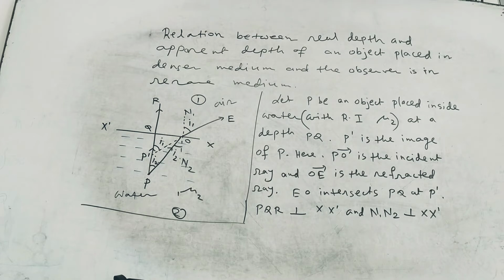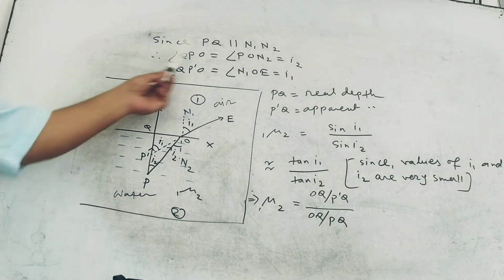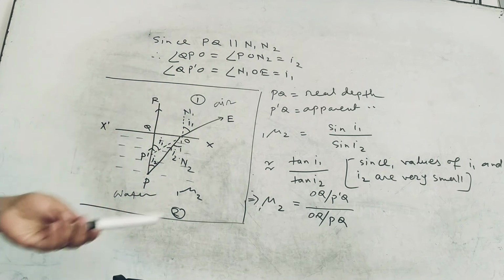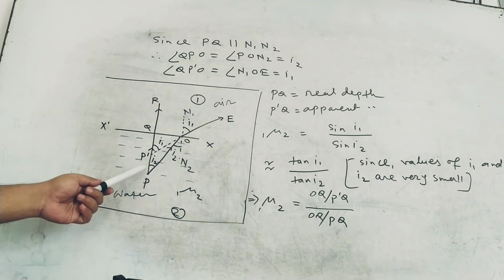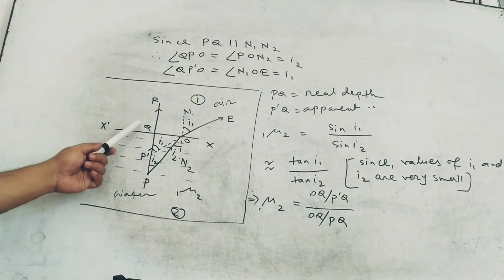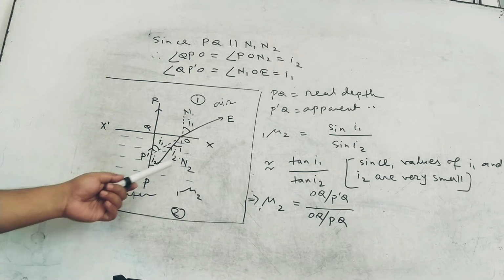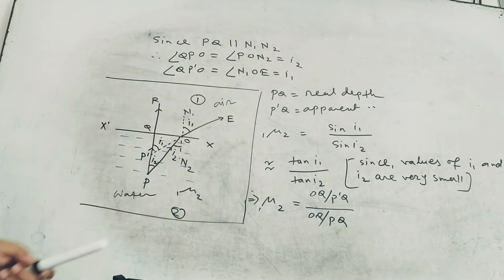Then we can write, since PQ is parallel to N1 N2, angle QPO is equal to PON2, which is equal to I2, and QP prime O is equal to N1OE, which is equal to I1.